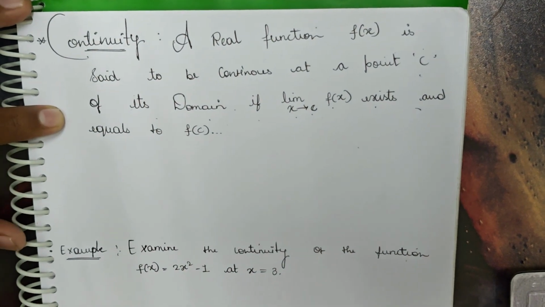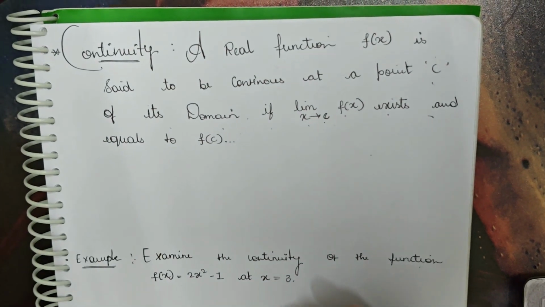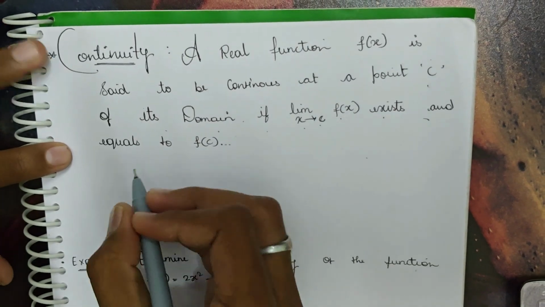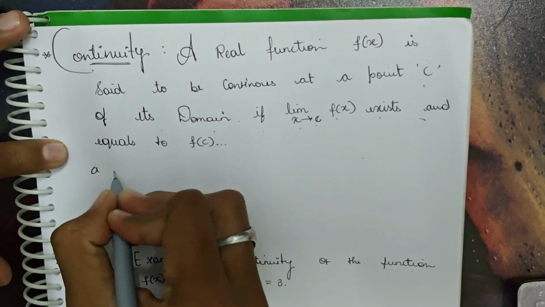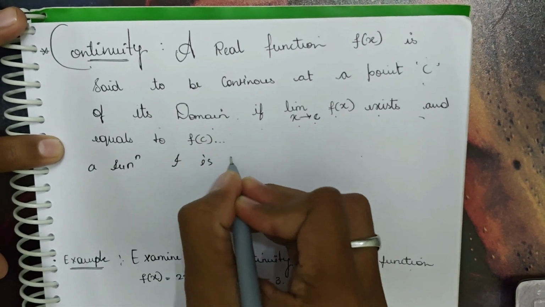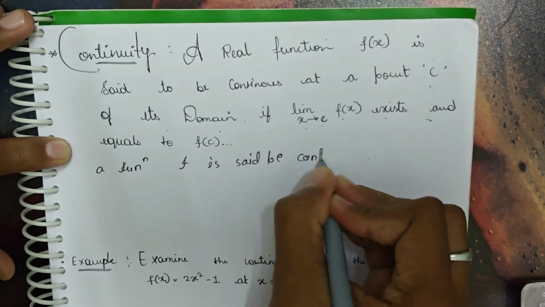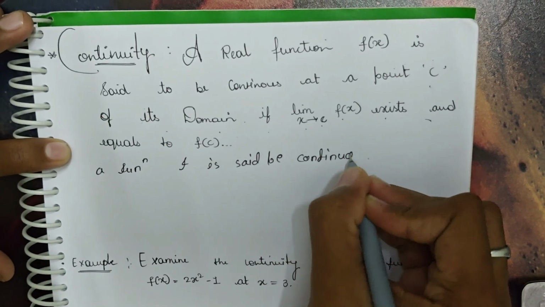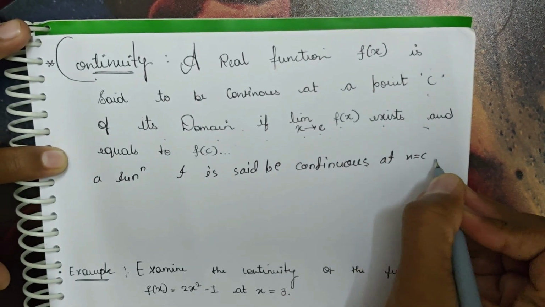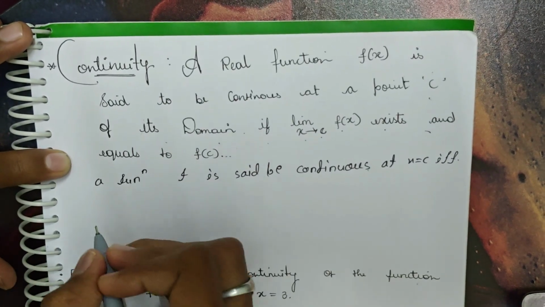The meaning of this definition is that a function f is said to be continuous at x is equal to c if there are some conditions.